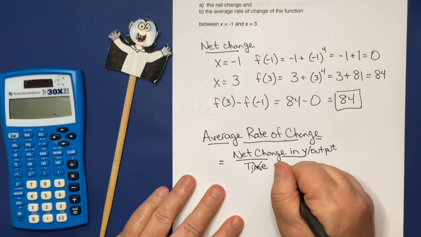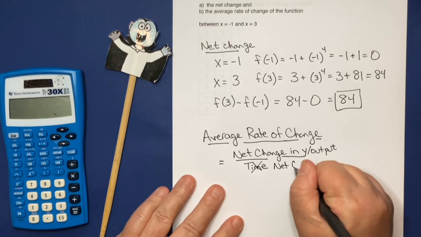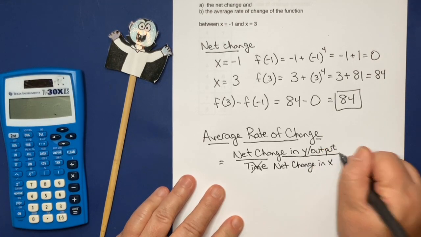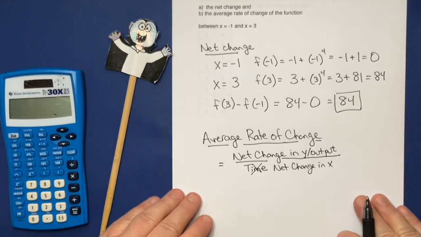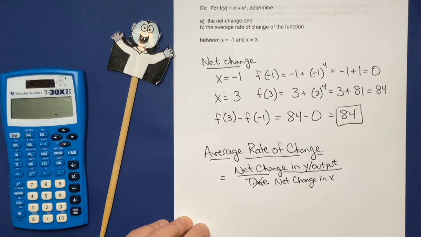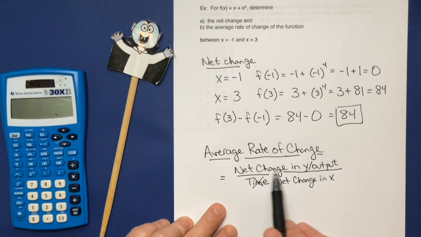And down here, it's going to be the net change in x. So here, because we're not dealing with a word problem, the average rate of change is just going to be the change in y over the change in x.